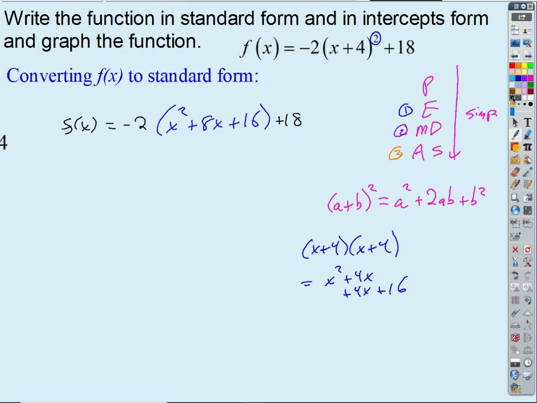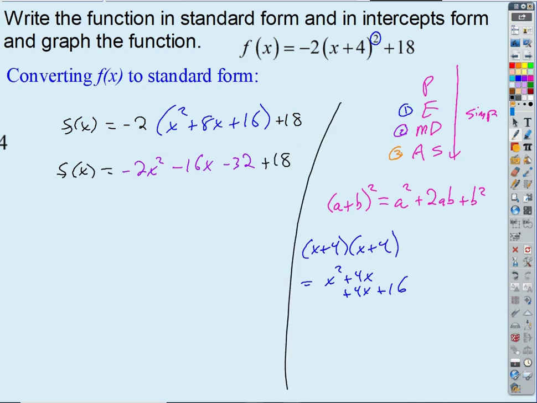So the next step is I'm going to distribute the -2. So when I distribute the -2, I'm just going to get -2x squared minus 16x minus 32, right?